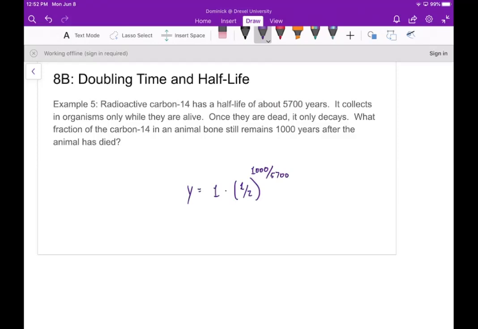So we've got to find 1/2 in parentheses to the 1,000 divided by 5,700. And again, that exponent should be in parentheses. And we'll get that y is equal to 0.8855 about. Right, so after 1,000 years, you have 88.55% of what was originally in the animal bone.